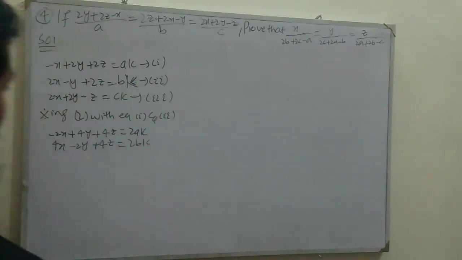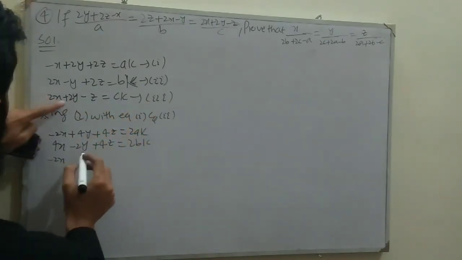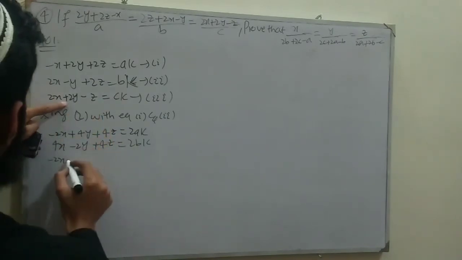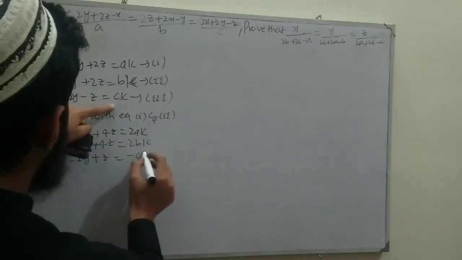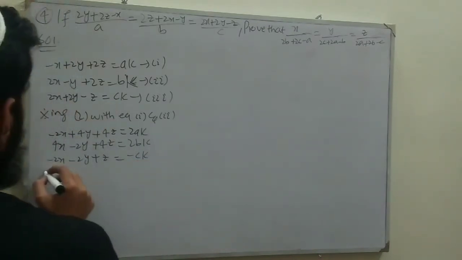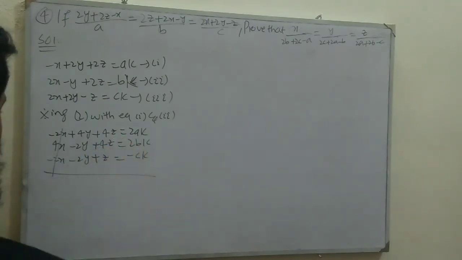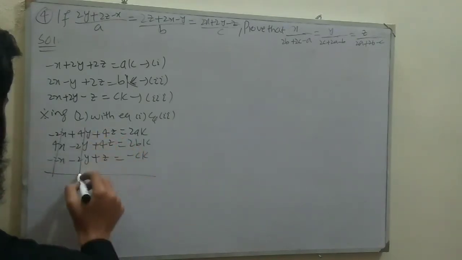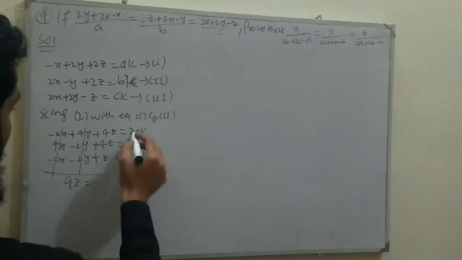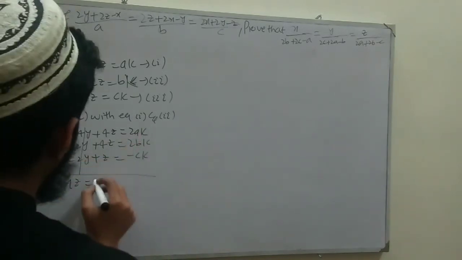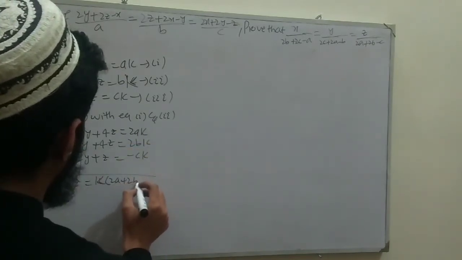And multiplying minus 1 with equation number 3, it becomes minus 2x minus 2y plus z is equal to minus ck. Now adding these equations, 4x minus 2x minus 2x will cancel out, and 4y minus 2y minus 2y will cancel out. 4z plus 4z plus z gives us 9z is equal to, take out k common, inside we are left with 2a plus 2b minus c.